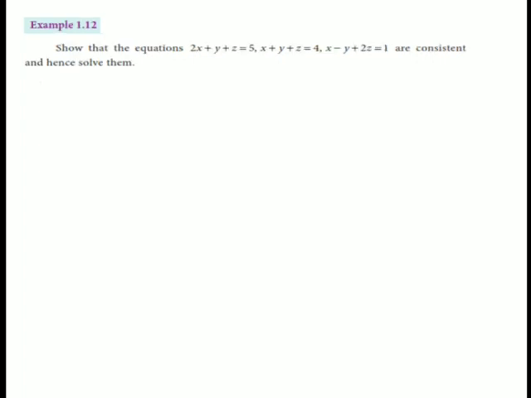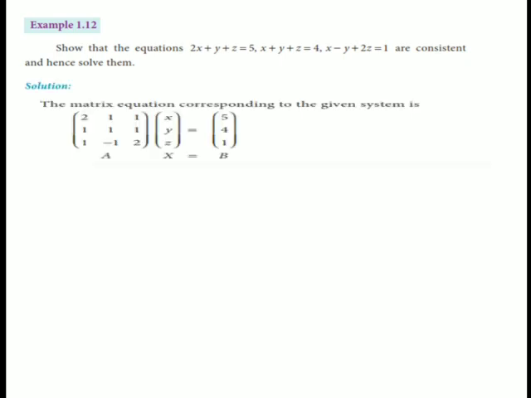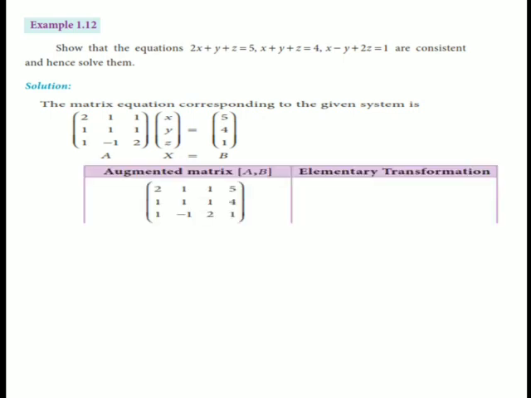Next example, show that the equations 2x + y + z = 5, x + y + z = 4, x - y + 2z = 1 are consistent and hence solve them. First you write the equation AX = B. Then you write (A, B). First you interchange row 1 and row 2.